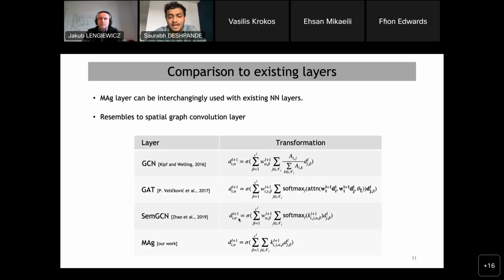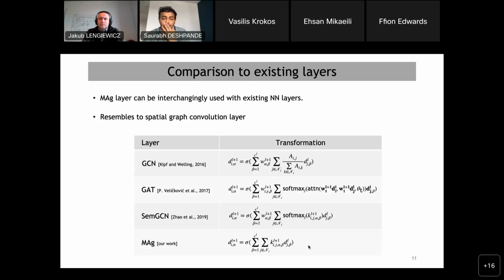So MAG is very similar to semantic GCN because they also have this concept of higher channels, and there's this extra step that they also multiply with some sort of learnable weight matrix, and this alpha beta stands for the channel dimensions of input and output. You can have a thorough look at these things in the paper. I'll share the link soon.